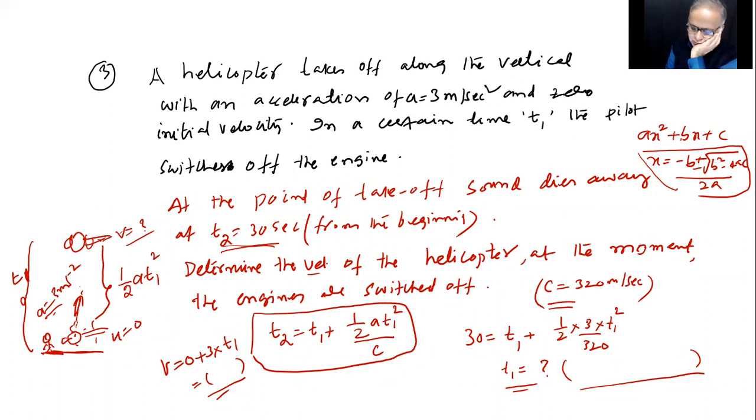This is 640. So 10 equals T1 plus T1 square by 640.